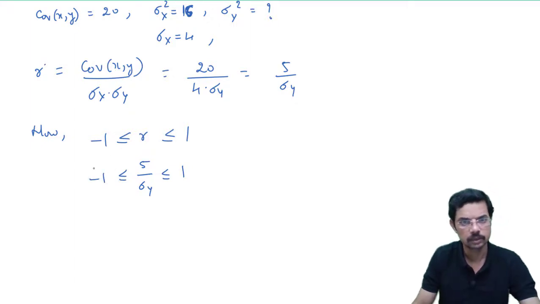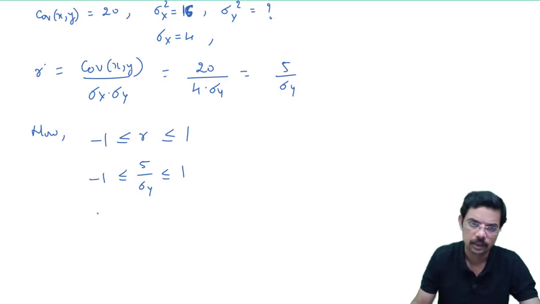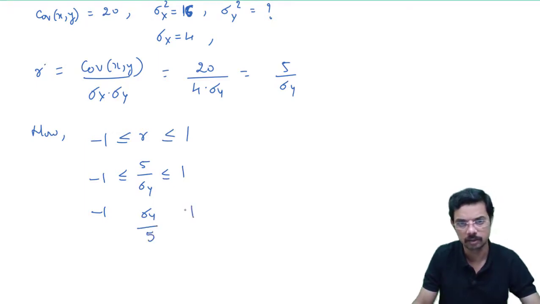We shall multiply by sigma y, or take the reciprocals. So -1 becomes -1, and 5 by sigma y becomes sigma y divided by 5, and 1 remains 1.